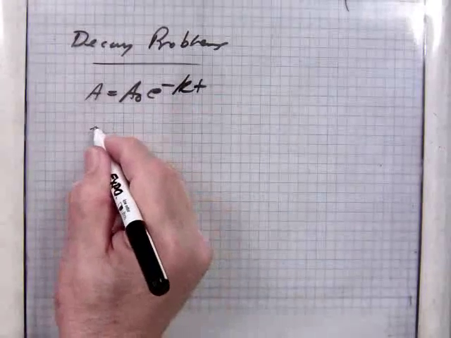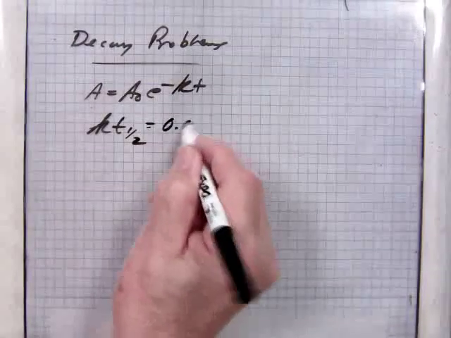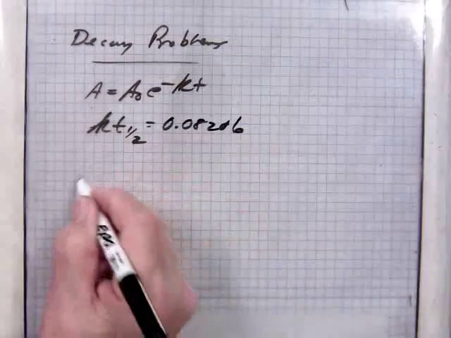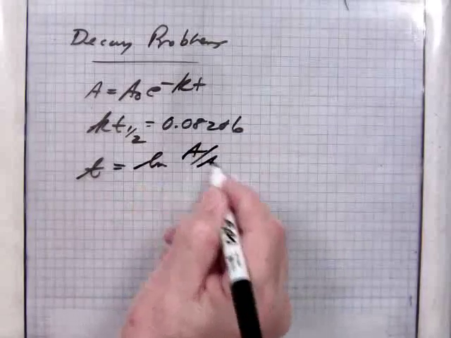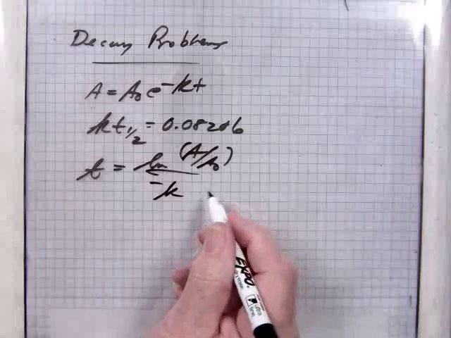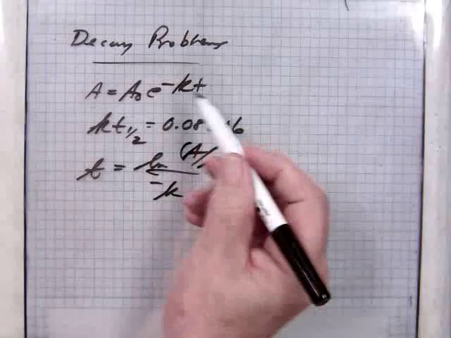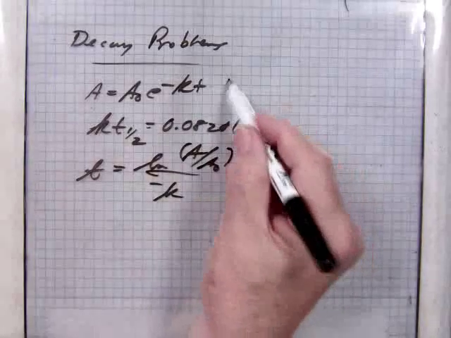Remember also K T to the 1/2 equals 0.693, and T equals ln of A over A sub O, over minus K. This one is the standard form of the first order decay equation.